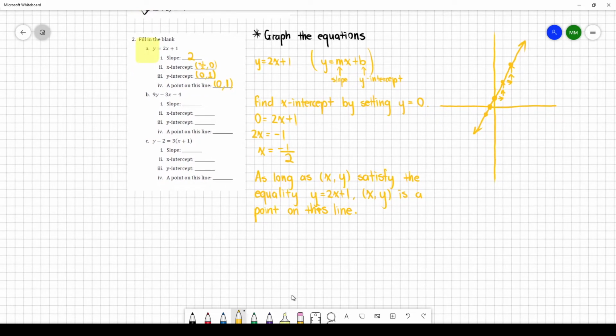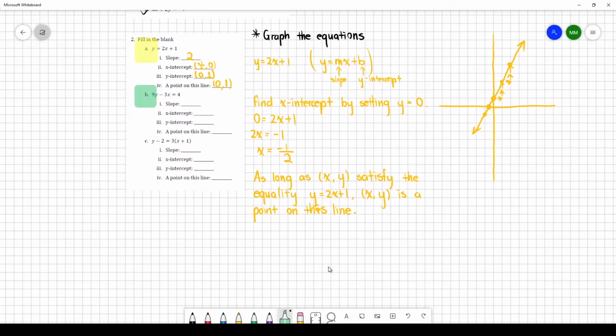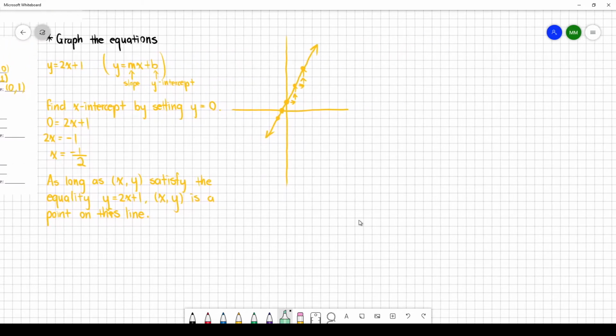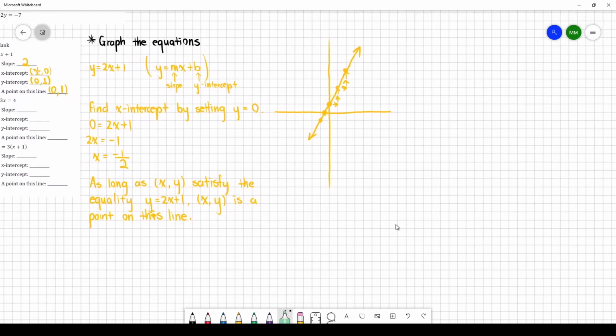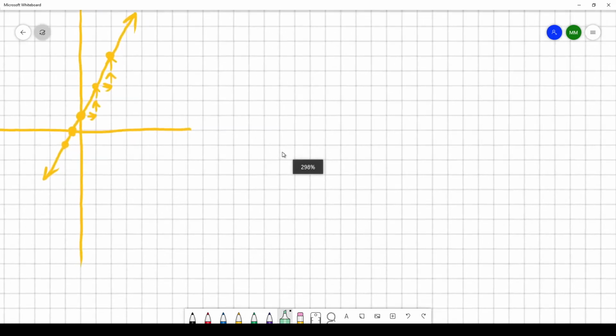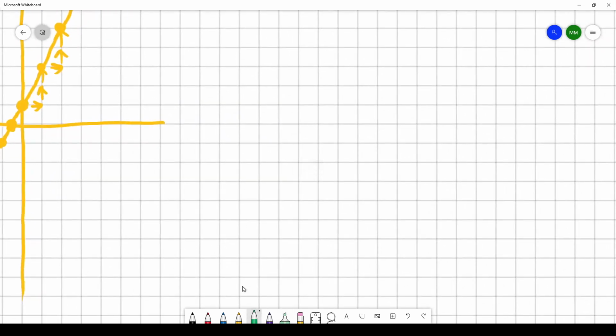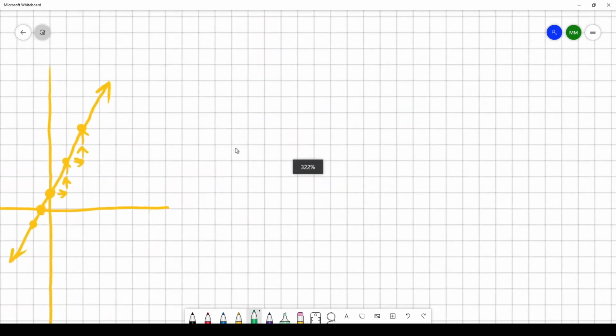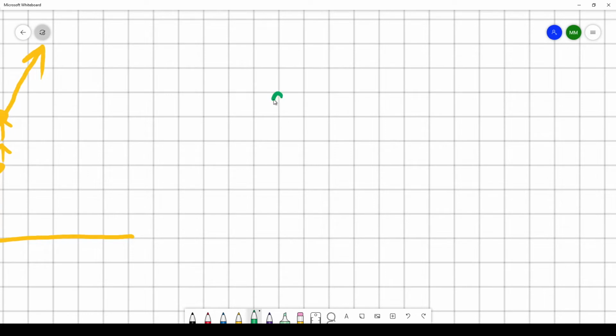So 2b. Switch the color. Maybe I'll do it here. So 9y minus 3x is equal to 4.